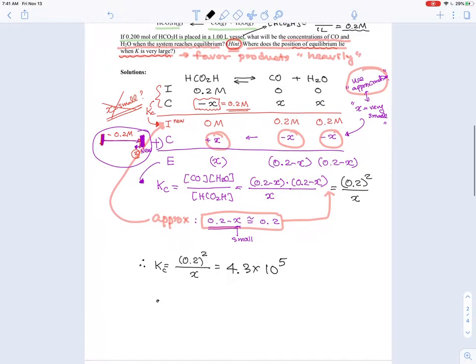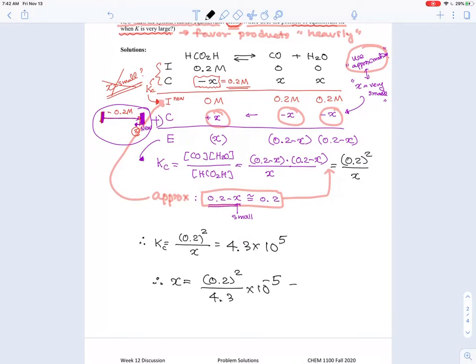So therefore, your x value here is 0.2 squared divided by 4.3 times 10 to the minus 5, and that value is about 9.3 times 10 to the minus 8 molar concentration. So we have justified that x is really, really small.